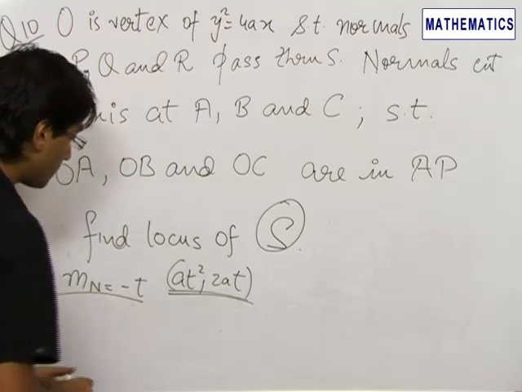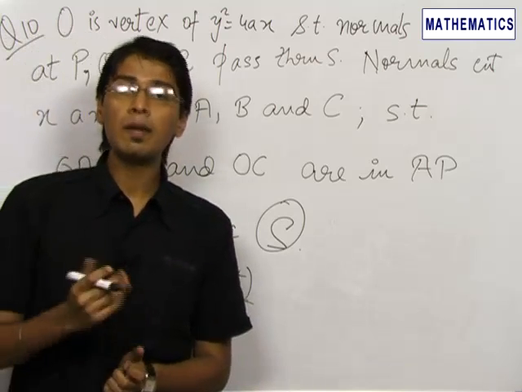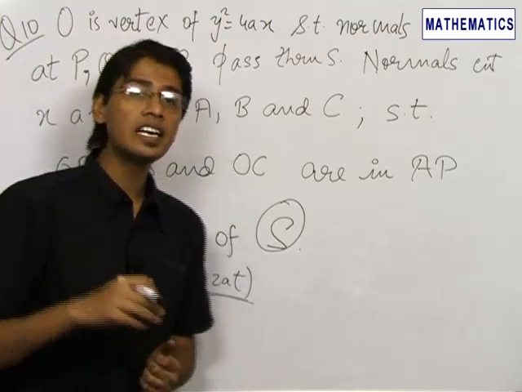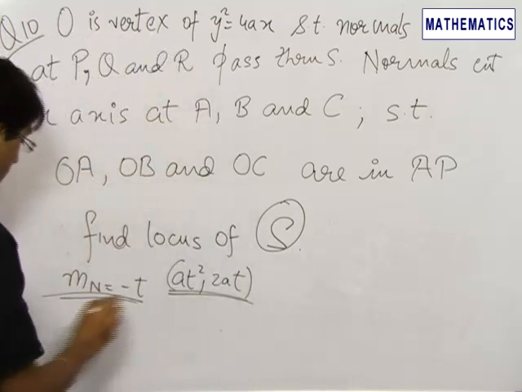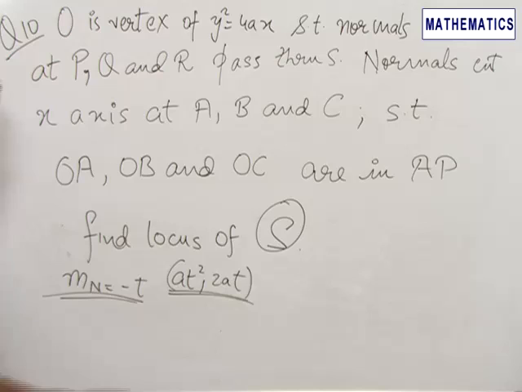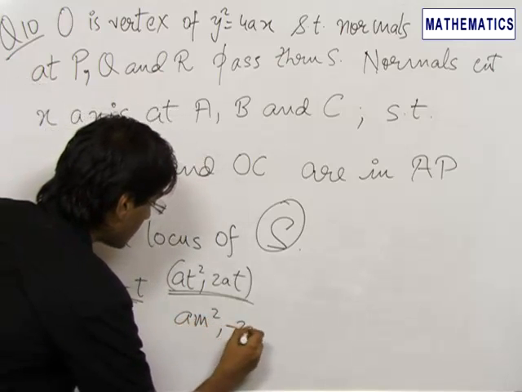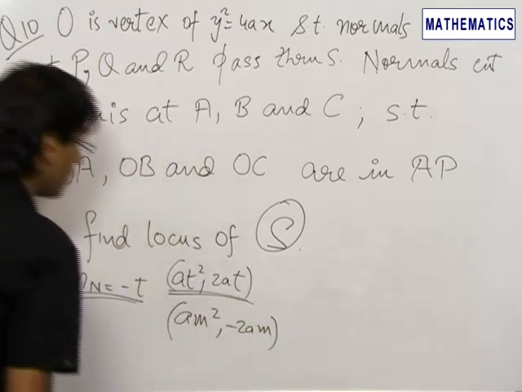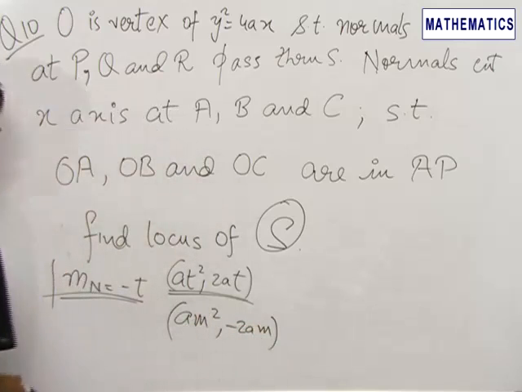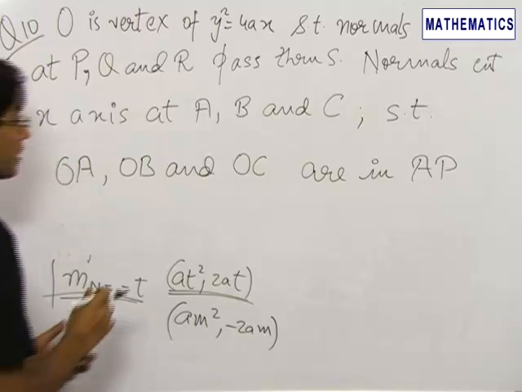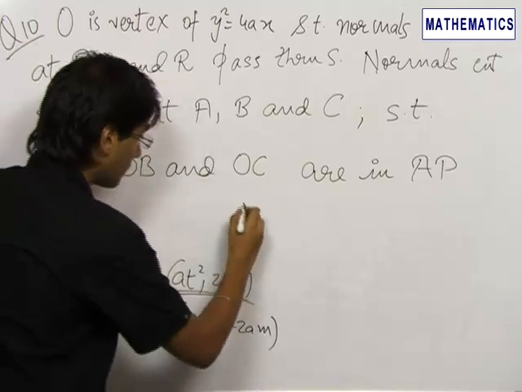We can prove this since 1 by t is the slope of tangent, hence the negative reciprocal will be the slope of normal. Hence we can write this point as am square comma minus 2am, where m is any general slope of the normal. Now let us write the equation of normal.